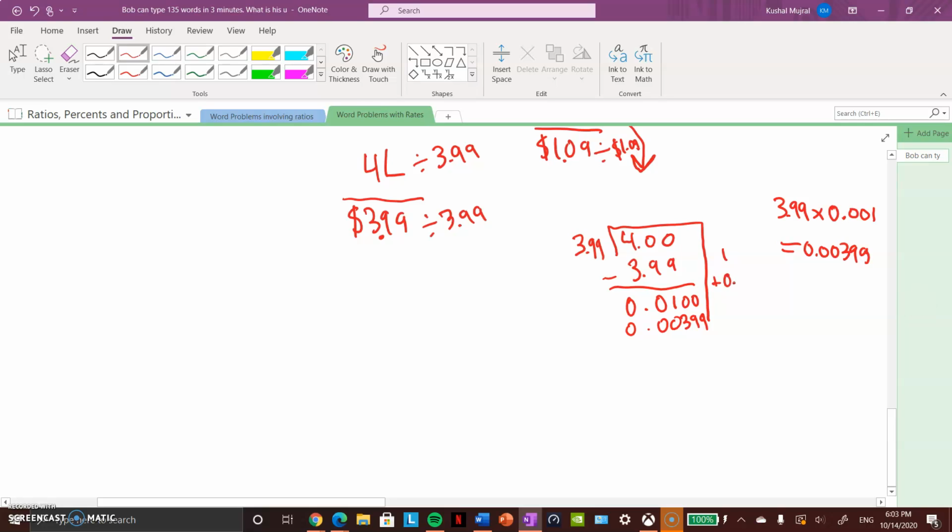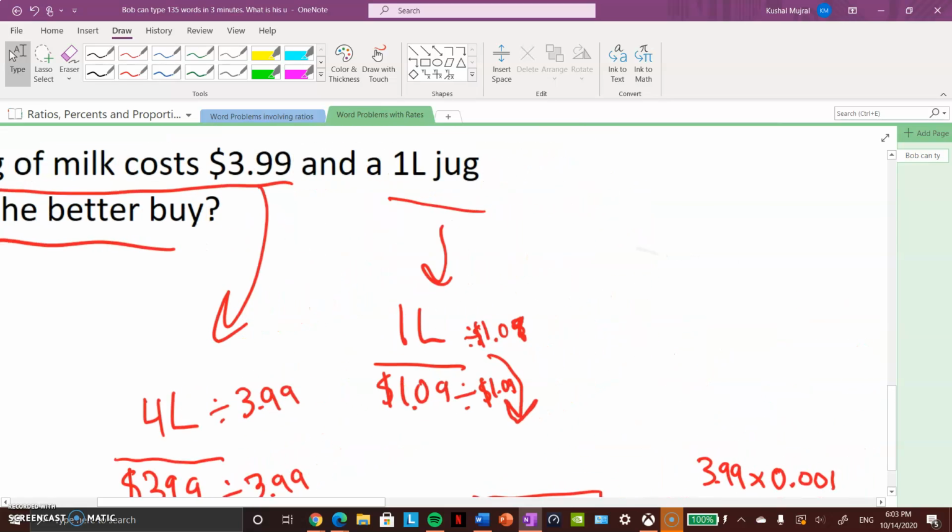So then we're adding here 0.001. And we subtract this and we're left with 0.0601, and we're not going to go any more. We have more than enough here. It's about 1.001.